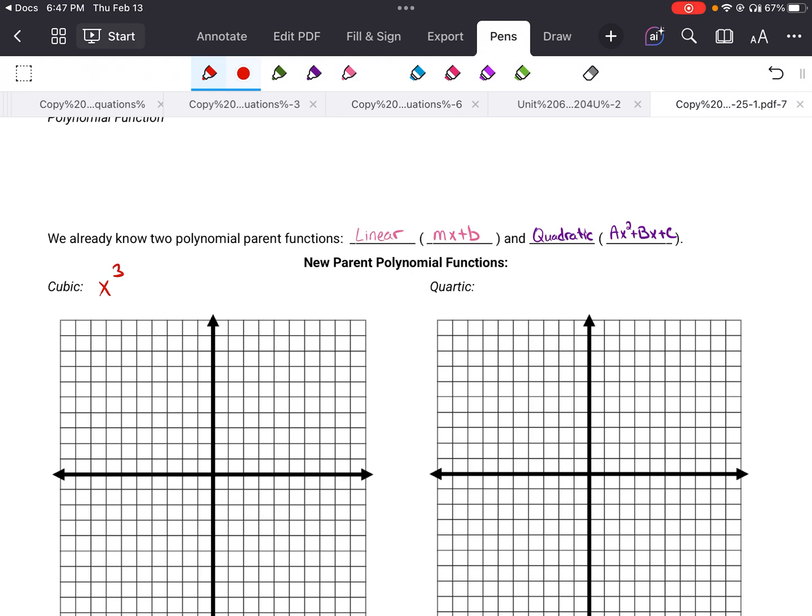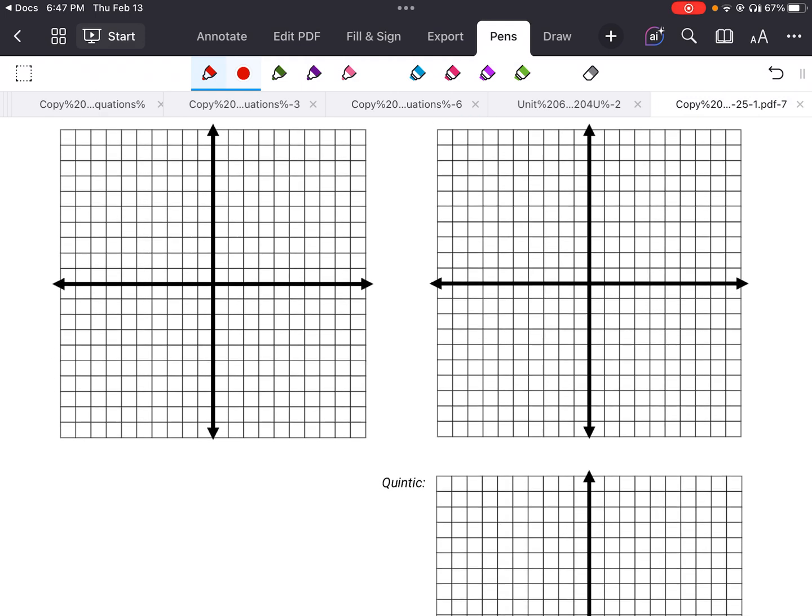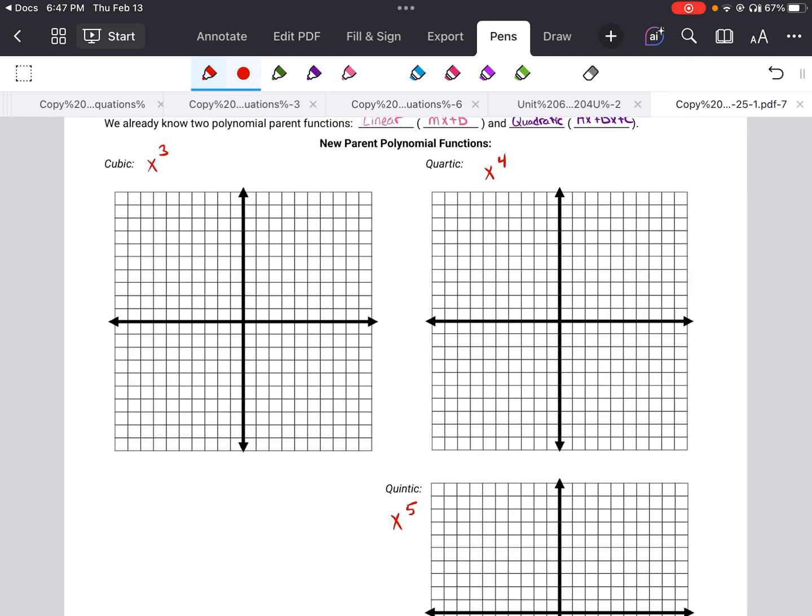So what those mean is cubic is x to the power 3 as the degree, quartic is x to the power 4, quintic is x to the power 5. Okay, and what they look like on a graph, so the parent functions are all going to go between (0, 0), (1, 1), and in this case for a cubic, (-1, -1).